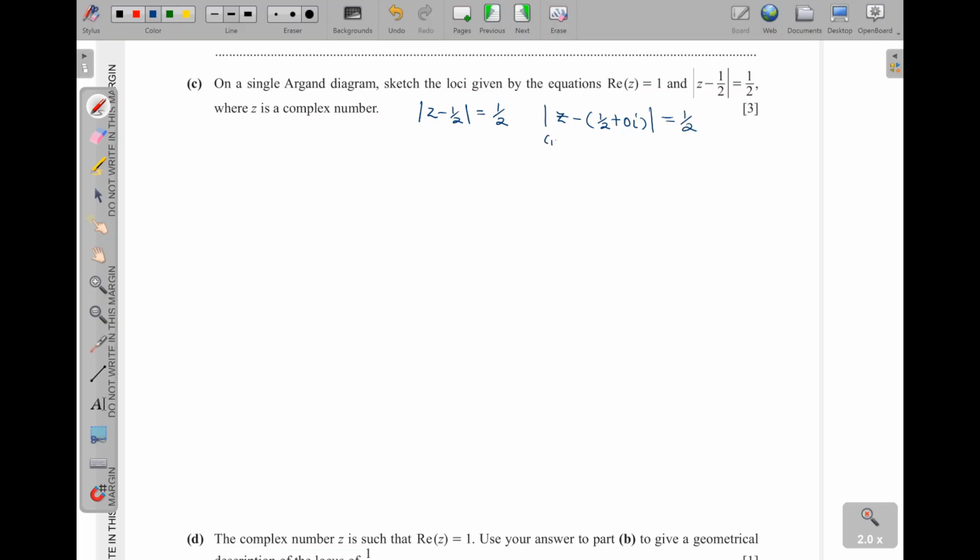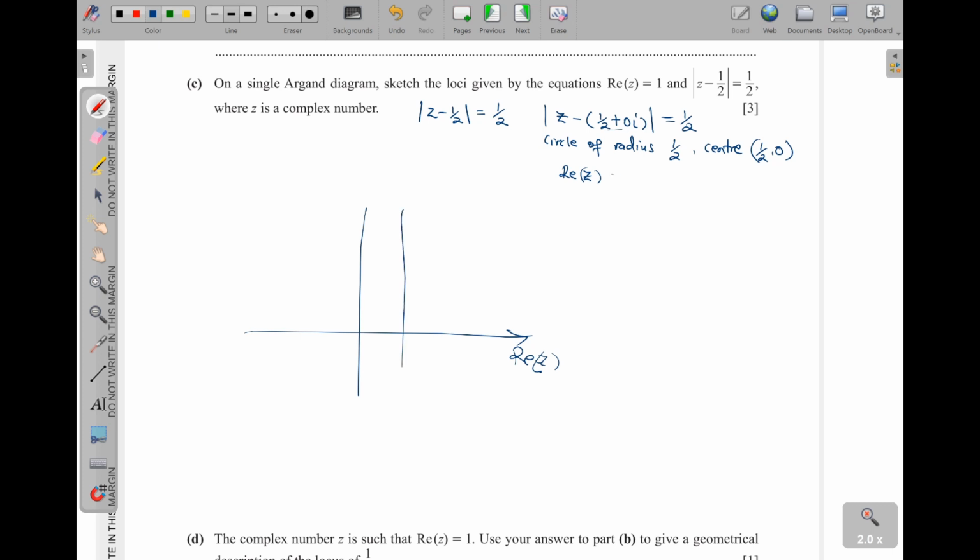So this is a circle of radius a half, center, the center is a half 0, okay, inside here. And then when you have the real of z, because on an Argand diagram we have the real here, it is like the x value. So real of this is equal to 1, it's a vertical line. Okay, it's a vertical line.